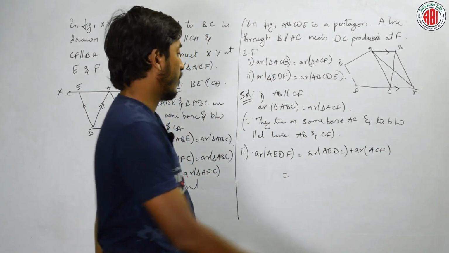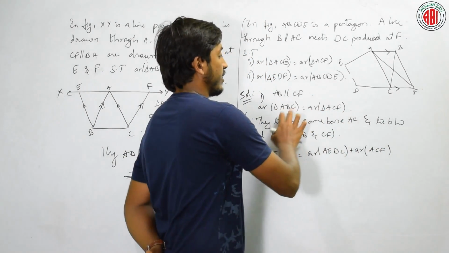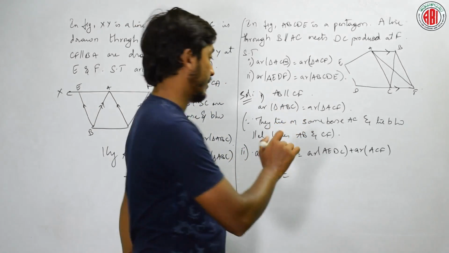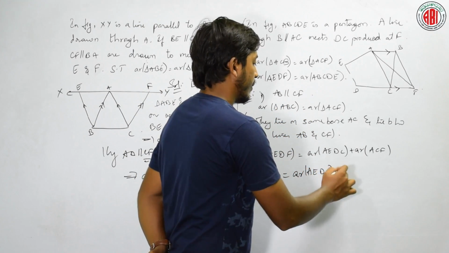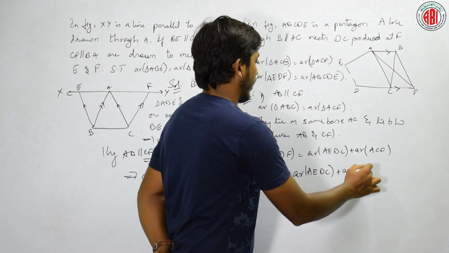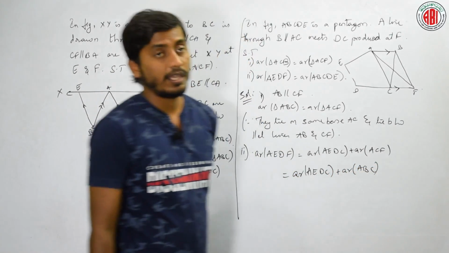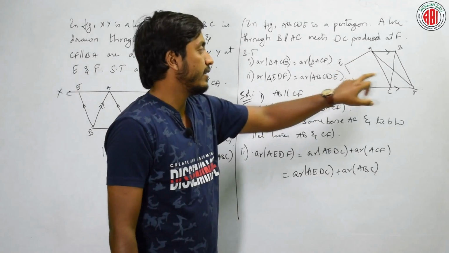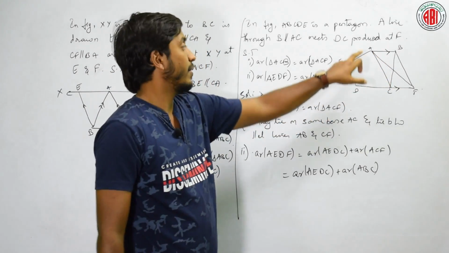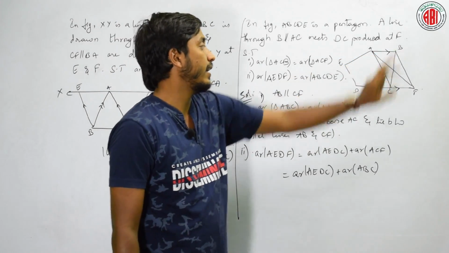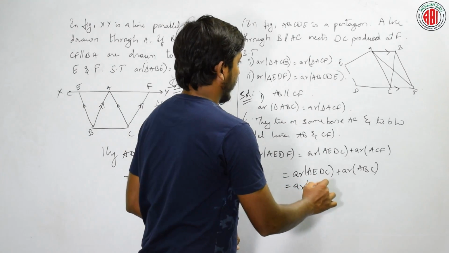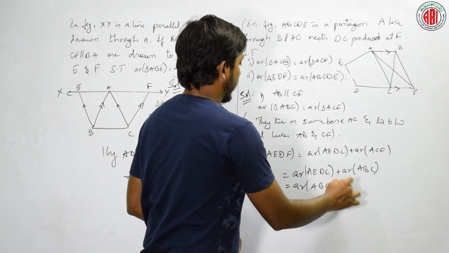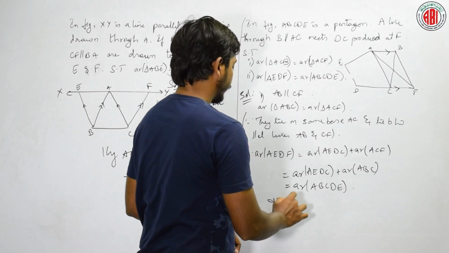Yes or no? We also know that area of ACF is nothing but area of ABC. Yes, therefore I can write it as area of AEDC plus area of ABC. Now just observe, AEDC plus ABC is equal to area of A, B, C, D and E. Clear?